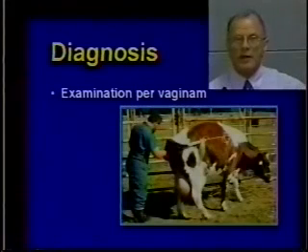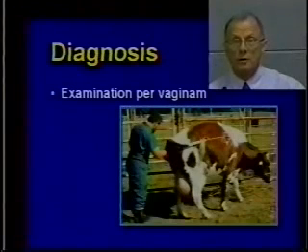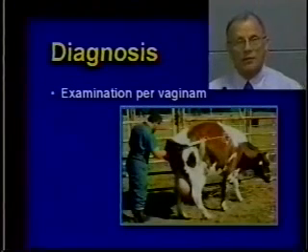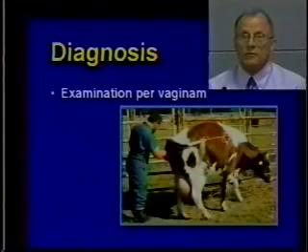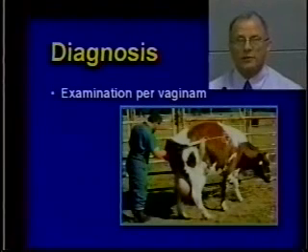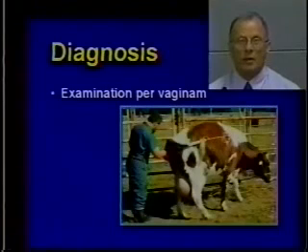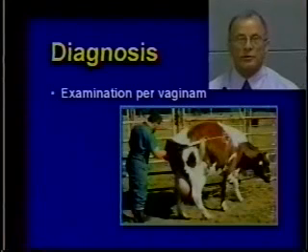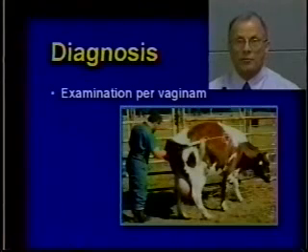Presentation can be anterior longitudinal, or it can be posterior longitudinal, whether it comes head first or tail first. The position refers to the orientation of the back of the calf, the dorsum of the calf, and the four quadrants of the maternal pelvis. So we can have the most common position, which would be dorsosacral, the back up, so right side up.